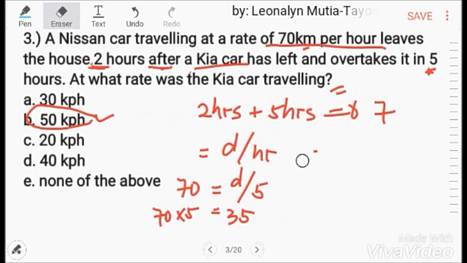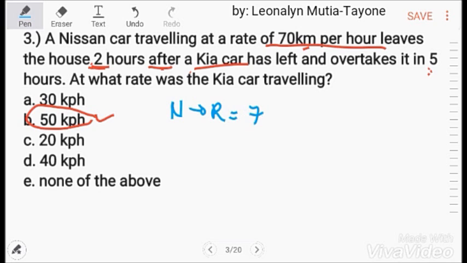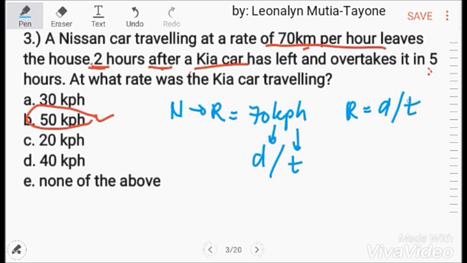Mas klaro lang, ulitin natin. So, si Nissan car, ito si Nissan car, letter N. Ang rate niya ay 70 kph. Kilometer means distance. Per hour means time. So, ang rate is equals to distance over time.